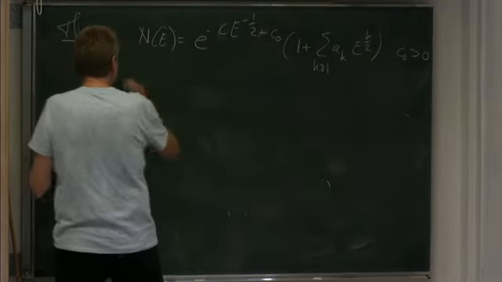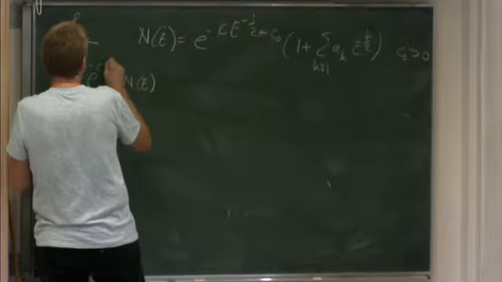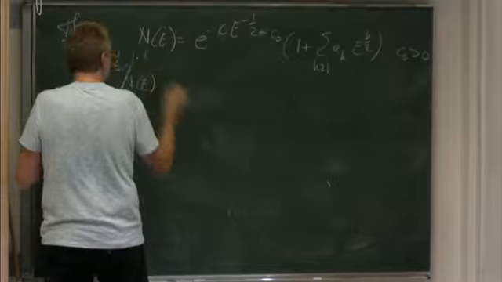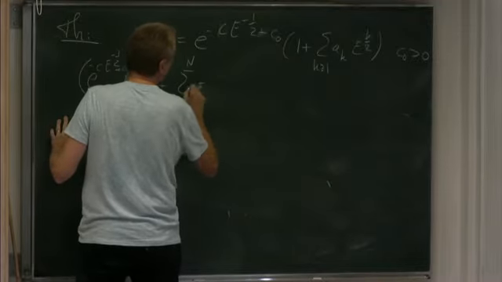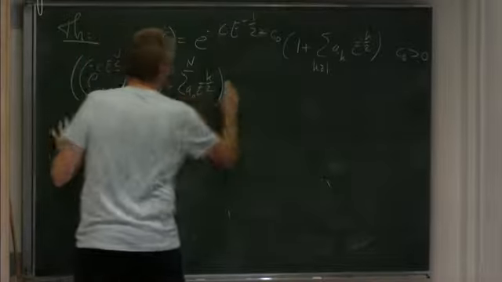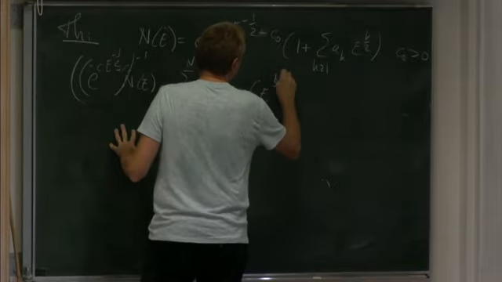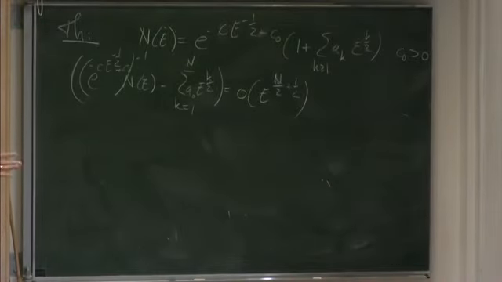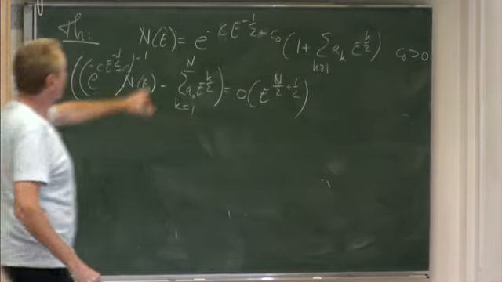This just means that n of E times e to the minus c E to the minus 1/2 plus c0 inverse, minus the sum k going from 1 to n, this thing is little o of E to the n over 2 plus 1/2. This is what it means. That's the standard meaning of what an asymptotic expansion is. Okay, so this is equality.